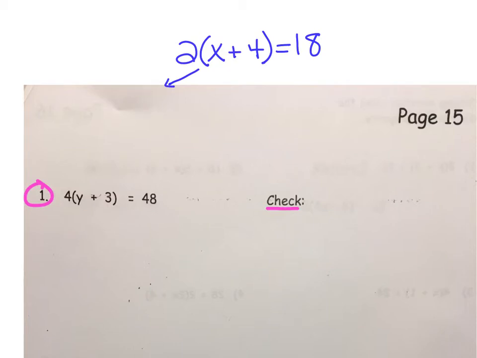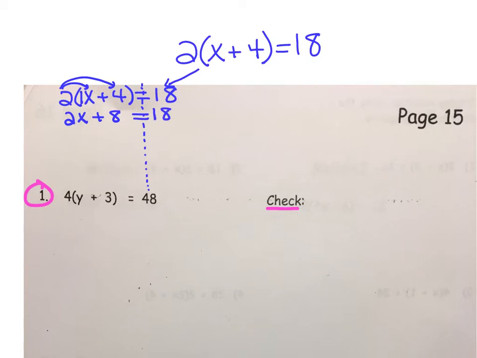Let's take a look at our first technique. So on your page, write this down. On the left side of your paper, write this equation down and drop a dotted line. You have a choice. You can distribute the 2 to each term. Well, if I do that, I get 2x plus 8 equals 18.